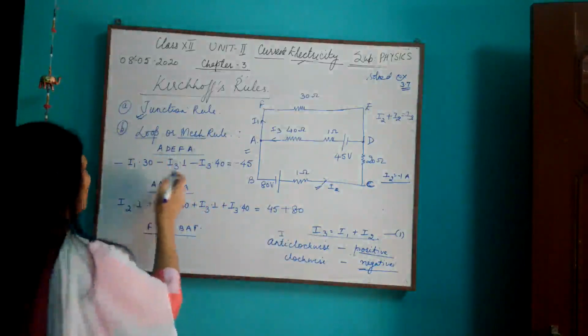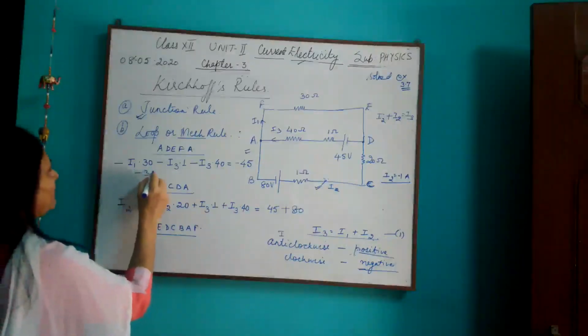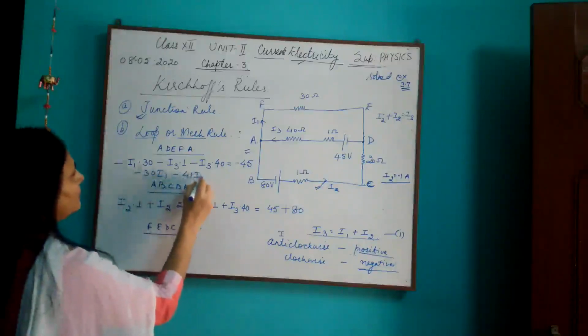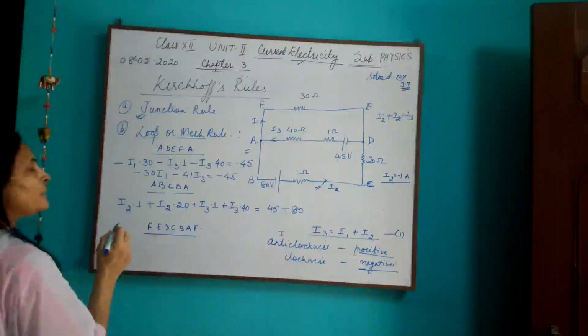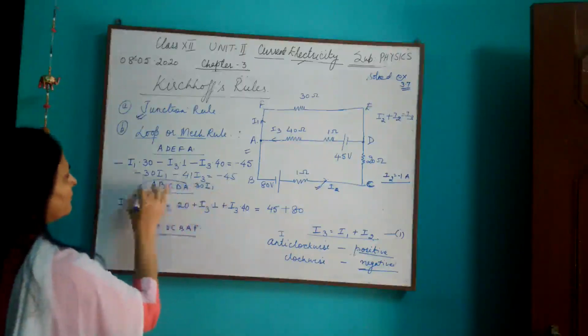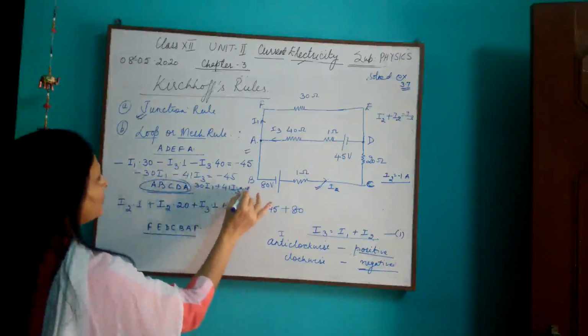So now we'll get two equations. See, this I3 and I3 can be taken together. You'll get minus 30 I1 minus 41 I3 is equal to minus 45. So you can change the sign of all these three. So you'll get 30 I1 plus 41 I3 is equal to 45.